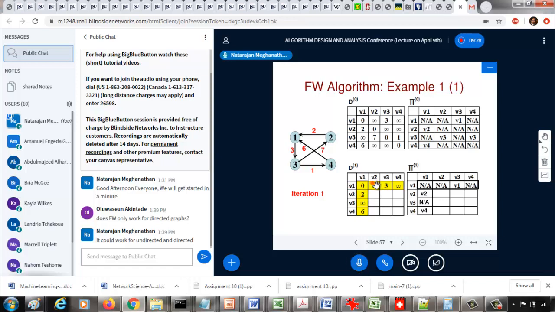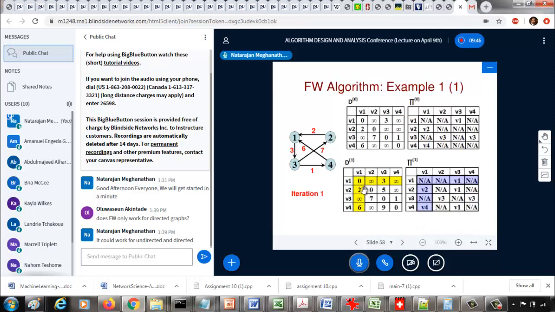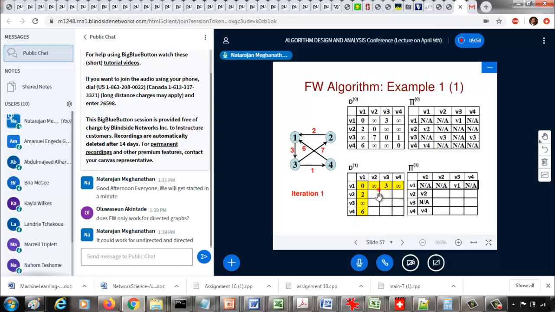Is 2 plus infinity less than what we currently know for vertex 2 to vertex 2, which is 0? 2 plus infinity is infinity, not less than 0. So we'll stay with what we know currently, so this is 0 here. The next slide shows all the updated values, so here we'll just use this for practice. Since I did not change this entry, we just stay with not applicable here, right?